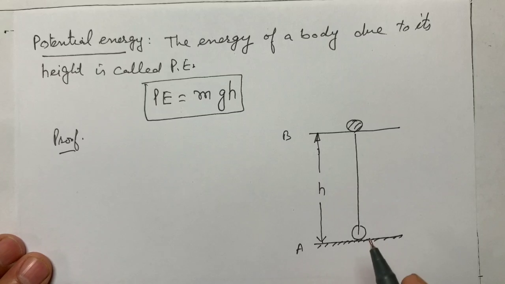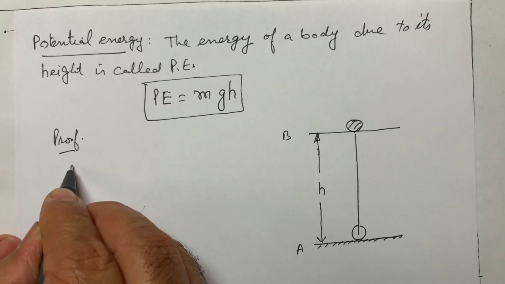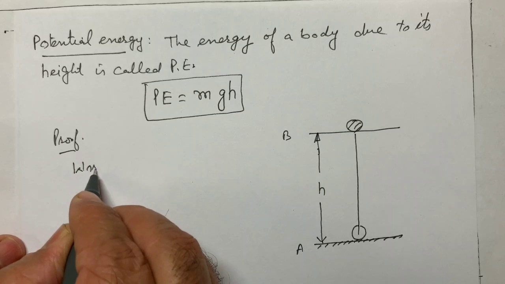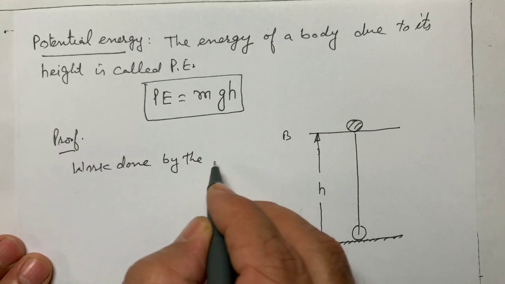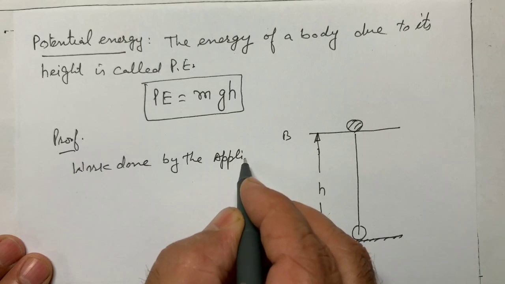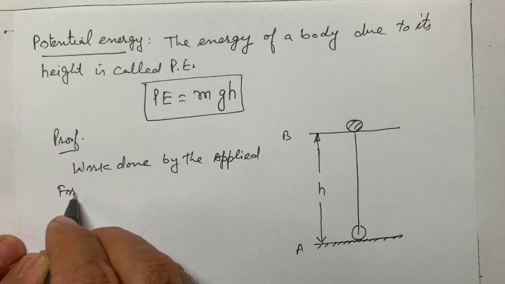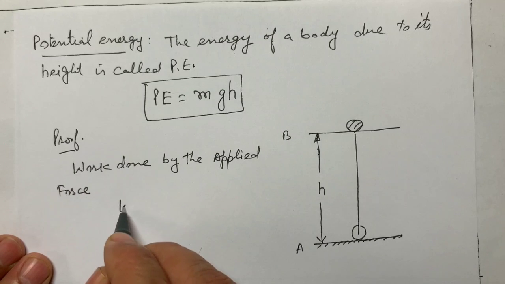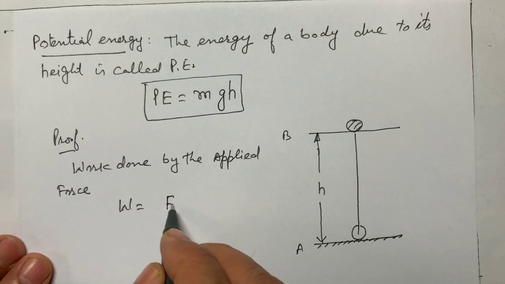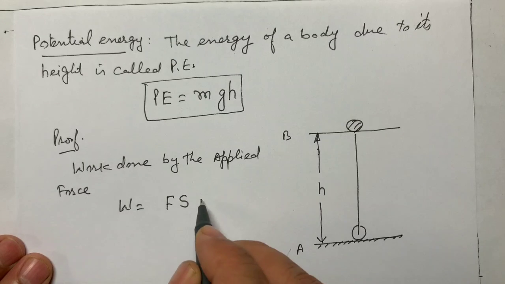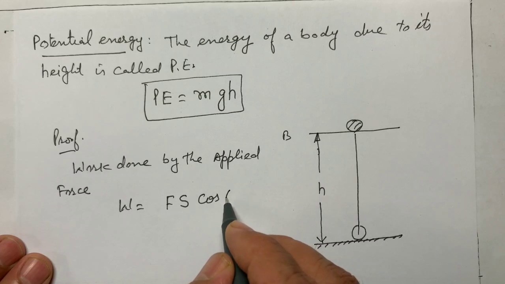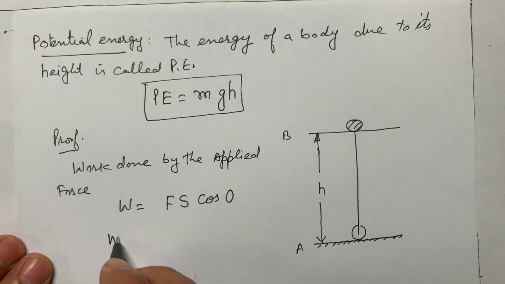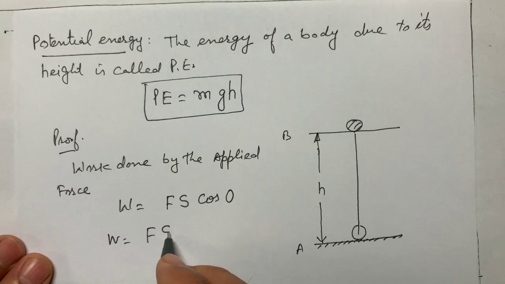How much work is done to raise a body by the applied force? Work done by the applied force, say W, is F into displacement into cos of angle between the applied force and the displacement, that is 0 degree. You get W is equal to F into S.